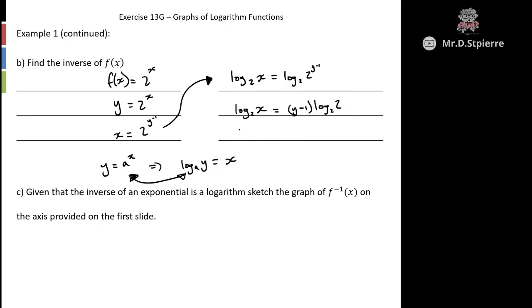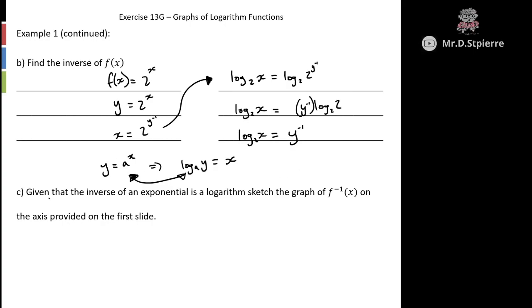Well, it's just going to be 1. We're talking about the inverse of y. Okay, so we've just found our inverse.